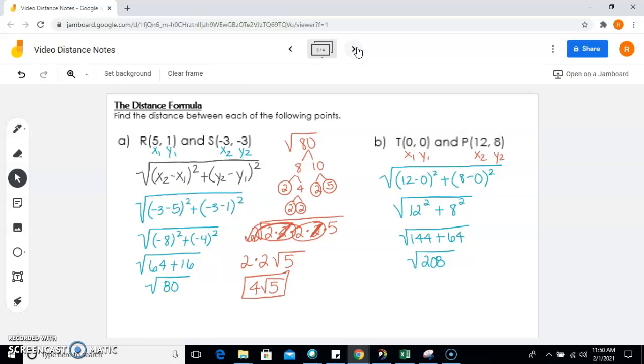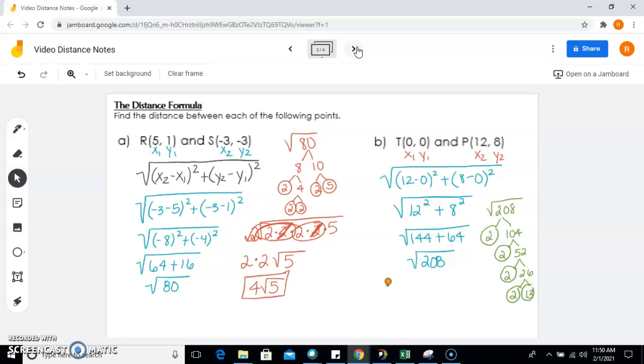Then again, I'm just going to come to the side and do my factor tree. That would give me 2 times 104. So 2 times 52, 2 times 26, and 2 times 13.